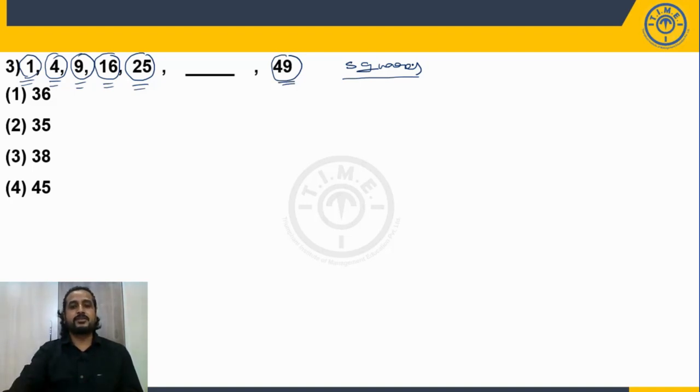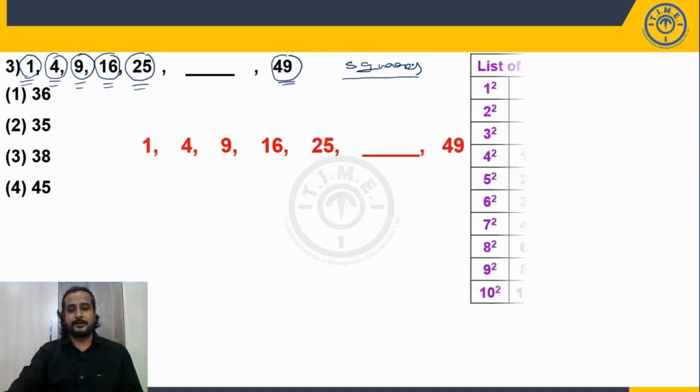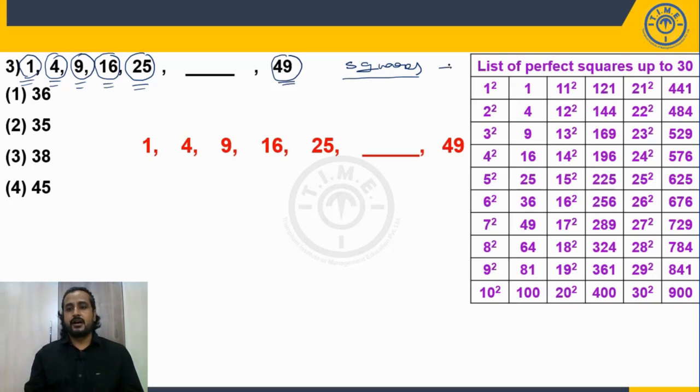So here is a list of squares up to 30. Please note it down or take a screenshot of this. 1 square is 1, 2 square is 4, 3 square is 9, 4 square is 16, 5 square is 25, 6 square is 36, 7 square is 49, 8 square is 64, 9 square is 81, 10 square is 100, 11 square is 121, 12 square is 144, 13 square is 169, 14 square is 196, 15 square is 225, and so on up to 30 square.